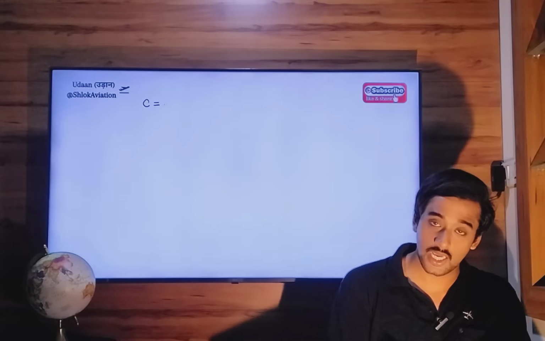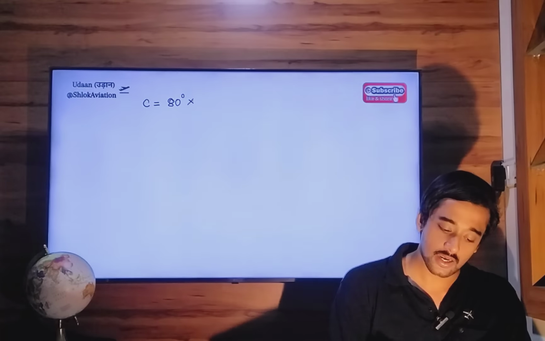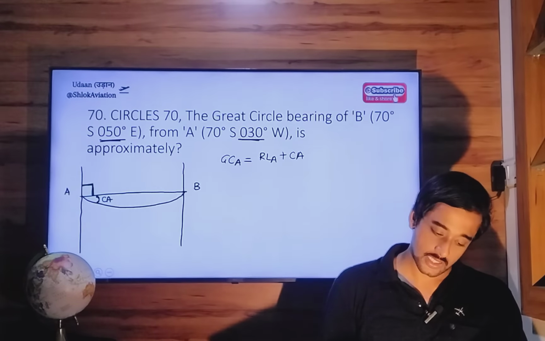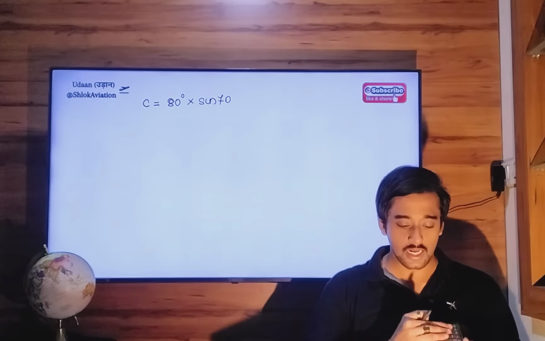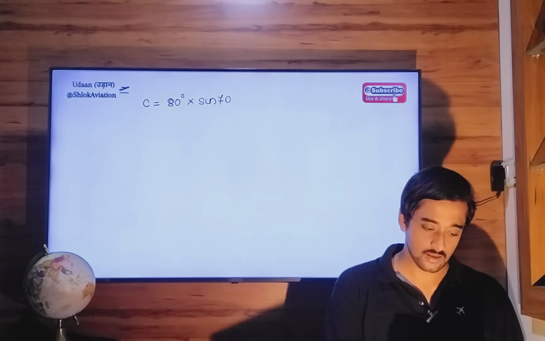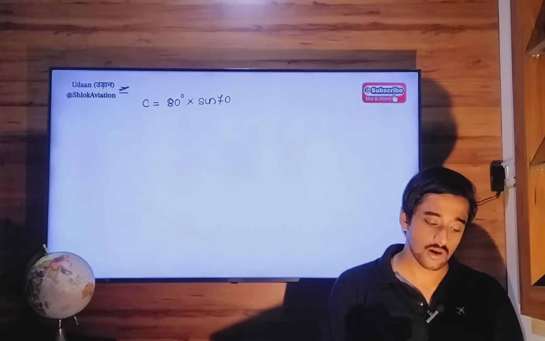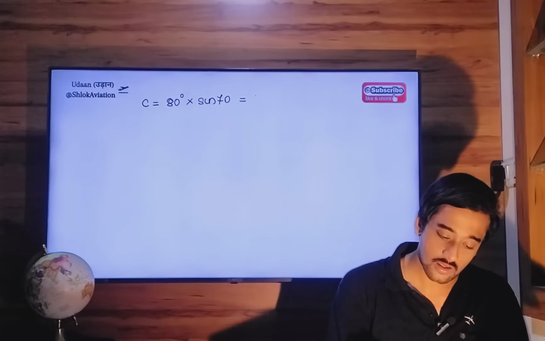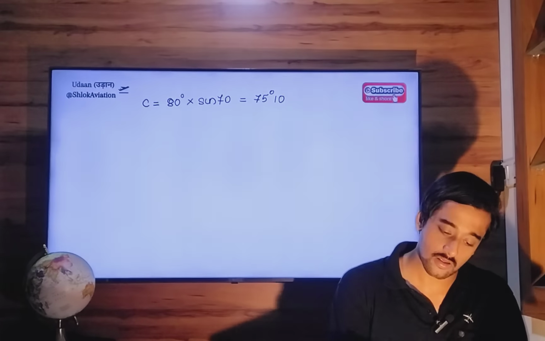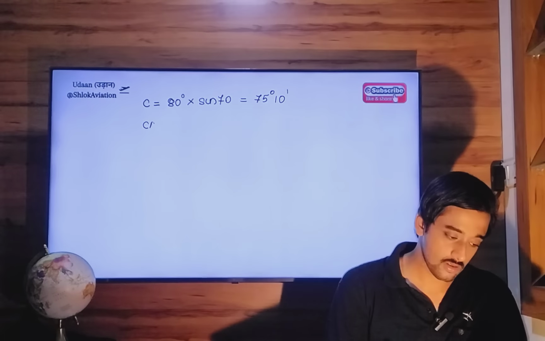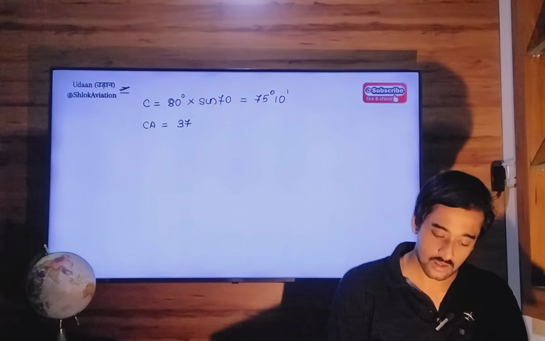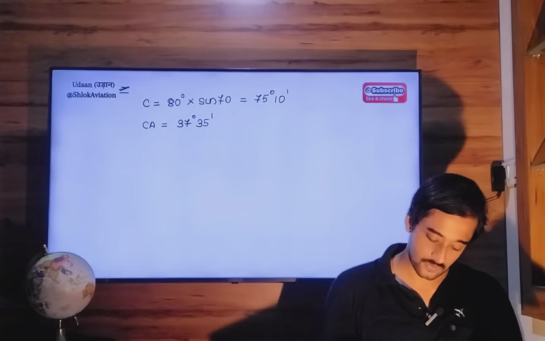So convergency is D long, which is 80 degree, into sine of latitude, sine of 70. So 80 into sine 70 is equal to 75 degree 10 minutes. So convergency angle will be 37 degree 35 minutes.